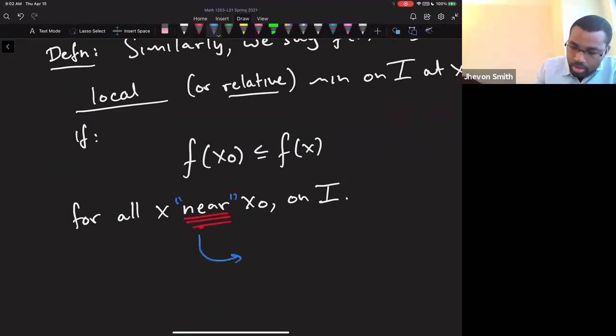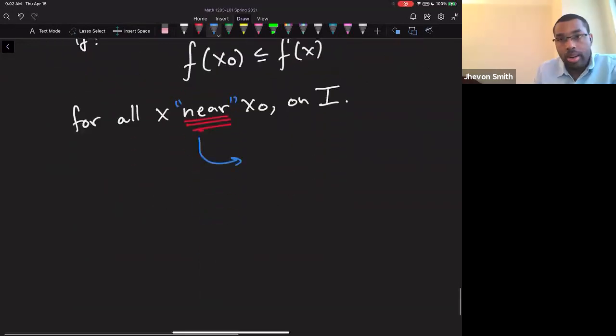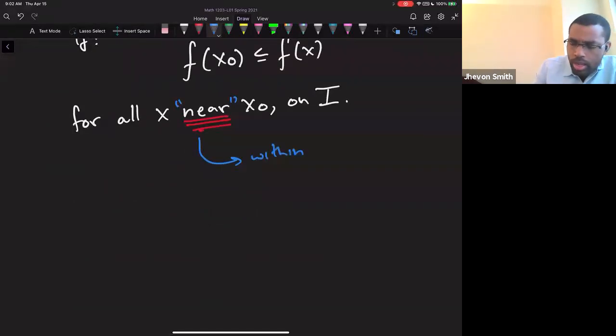So near is kind of funny. What it means when we say near x naught, it means within some small open interval centered at x naught.